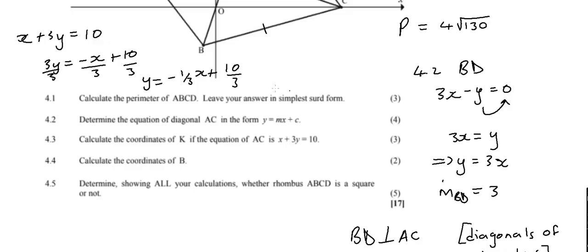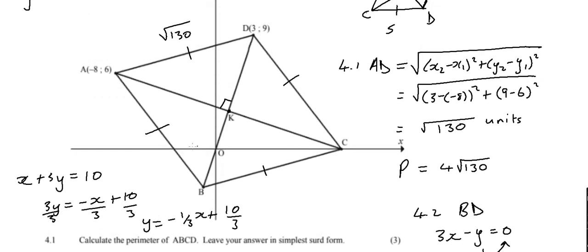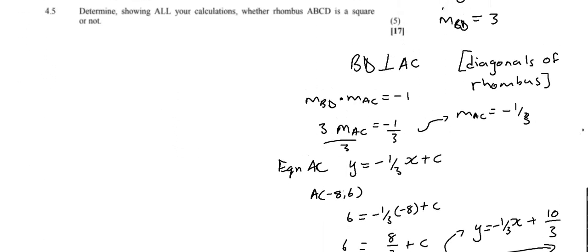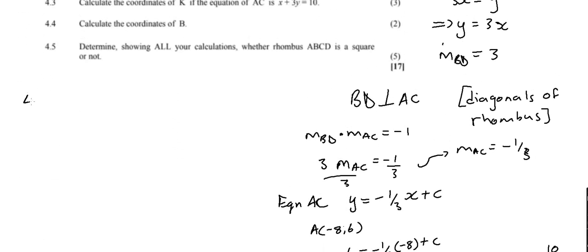So if what we have is the original equation for AC, we must find the coordinates of K. Now, K is the point of intersection of AC and BD. At a point of intersection, we equate the graphs, right? So I'm going to write this right here, 4.3.